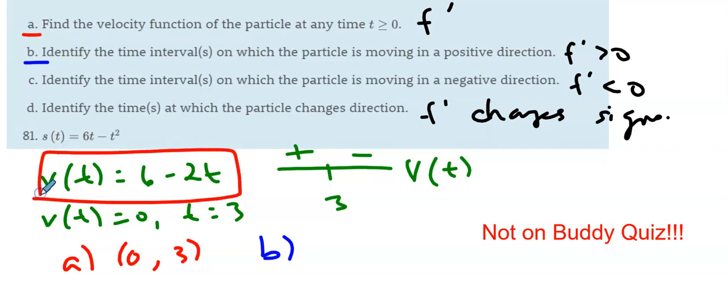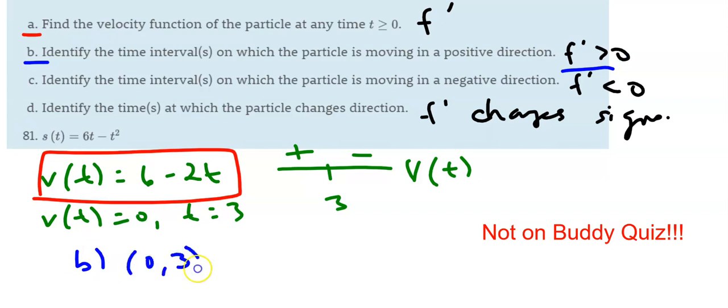This is the velocity at any time t. And then for this part, I'm just going to rewrite this so that it's color-coded correctly. Okay, and then for B, to find the time intervals in which the particle is moving in a positive direction, that's where f prime is positive, and the velocity here, the first derivative, is positive from 0 to 3. So for B, it's going to be from 0 to 3.